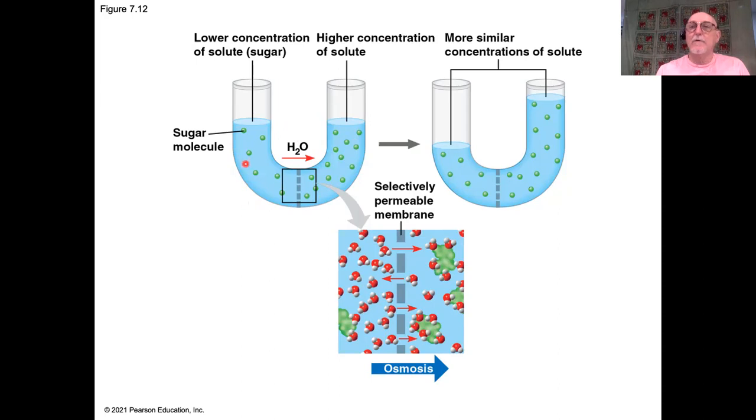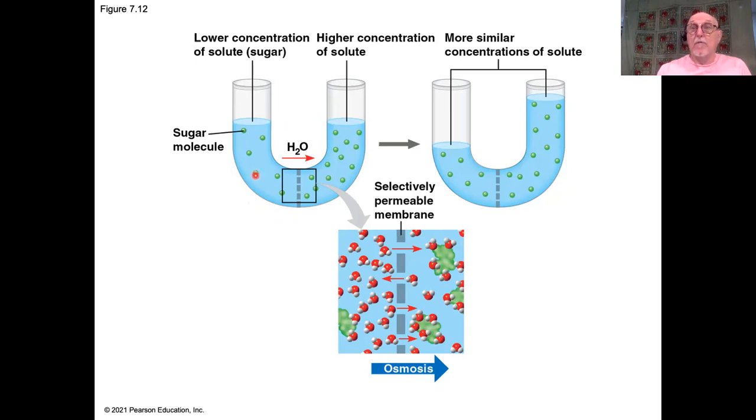This side, we have only a few sugar molecules. What's the concentration of water molecules on this side? It's much lower than it is on that side. And water diffuses just the same as any other molecule. The diffusion of water, we refer to by a special term, which is osmosis.